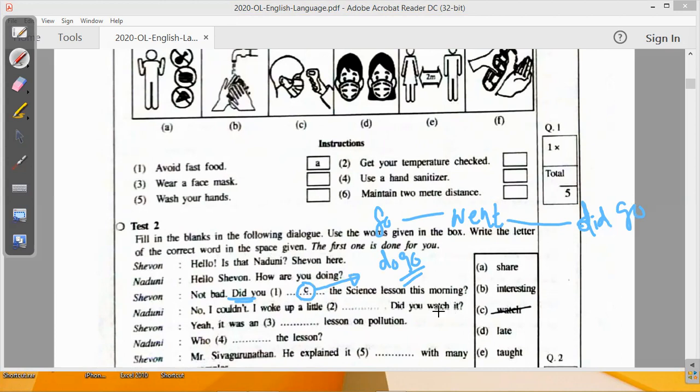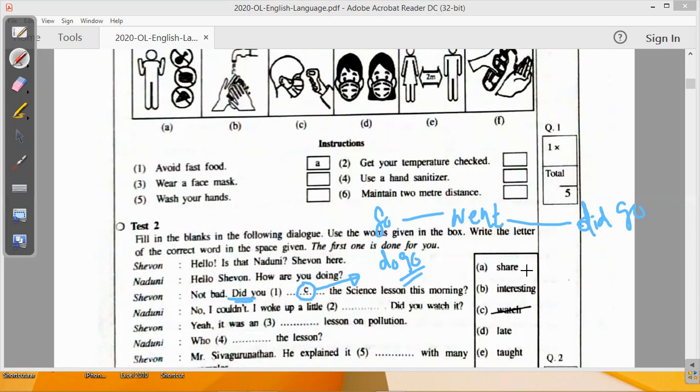So when you create the question form of a sentence, the did comes first. The did jumps over the subject and sits at the beginning of the sentence. Okay, so that's what has happened. Did you, and then it has to be a verb.